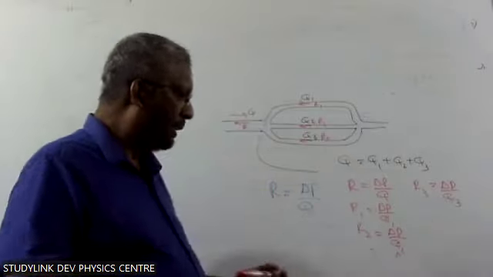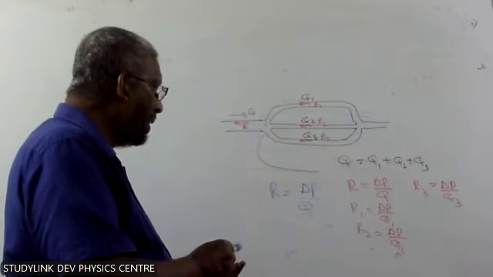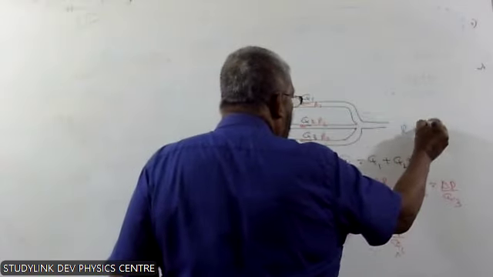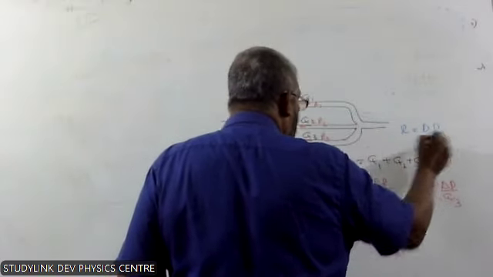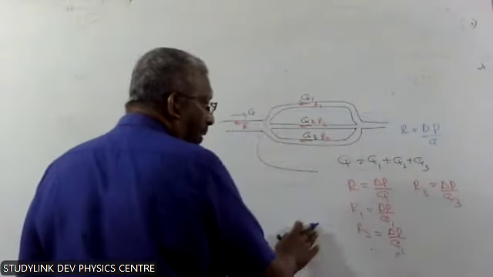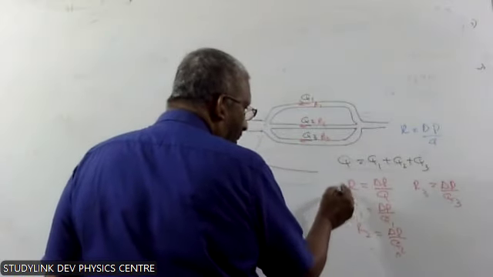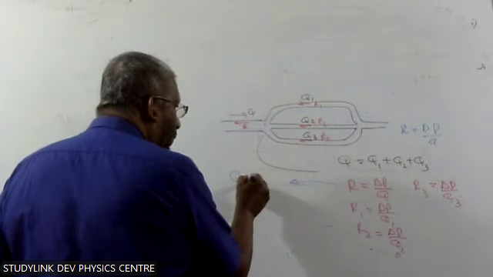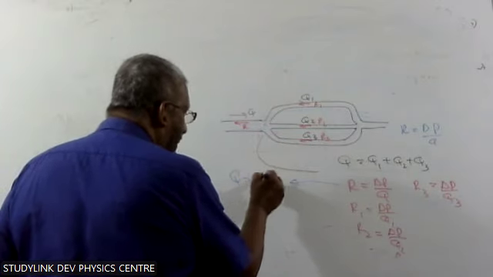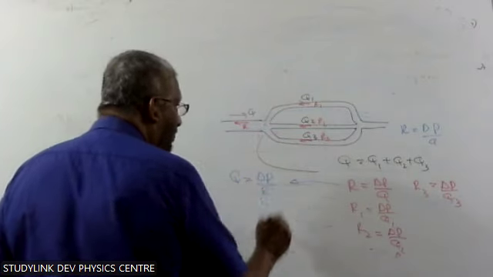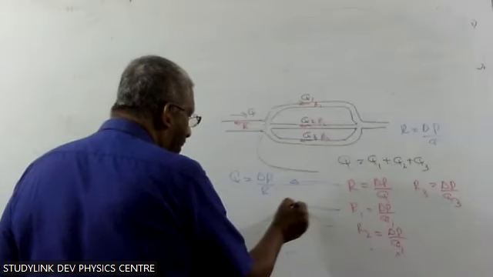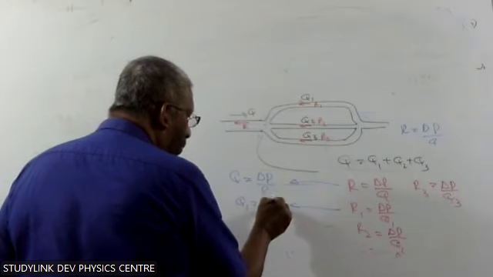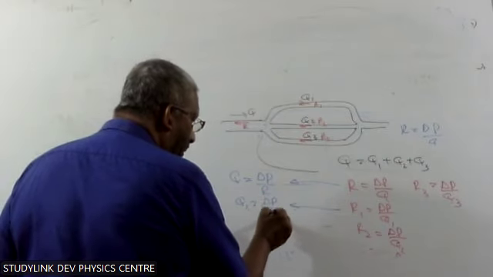Then you can write up to this. Now, in the common equation, I'll write it here: R is equal to delta P over Q. From this one, I can get capital Q. Q is equal to delta P over R. From this one, Q1 is equal to delta P over R1.